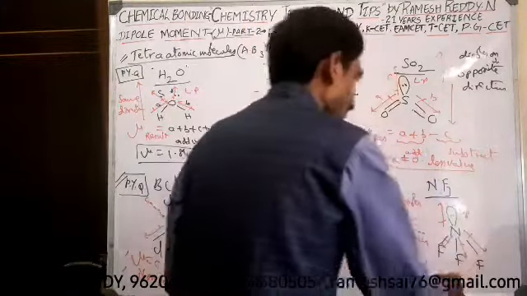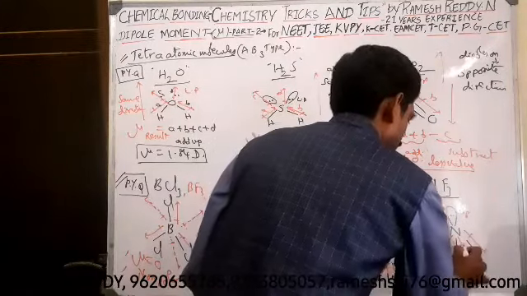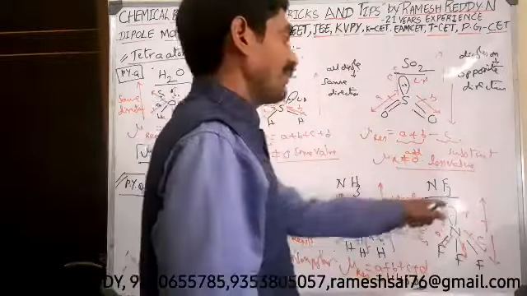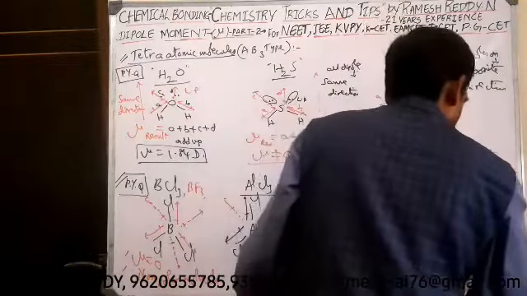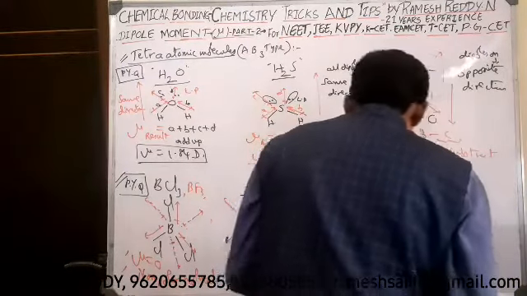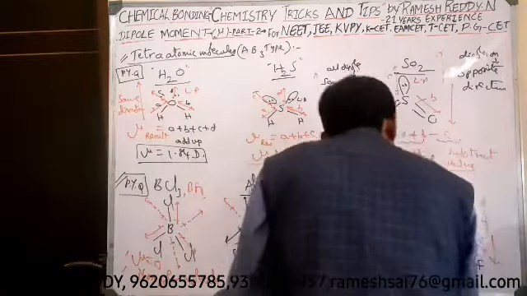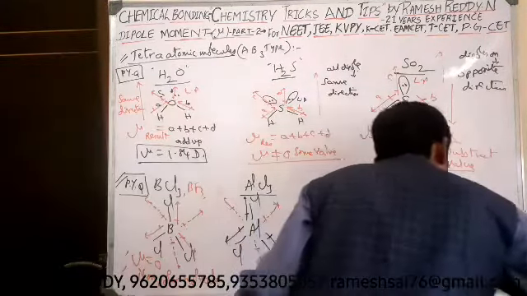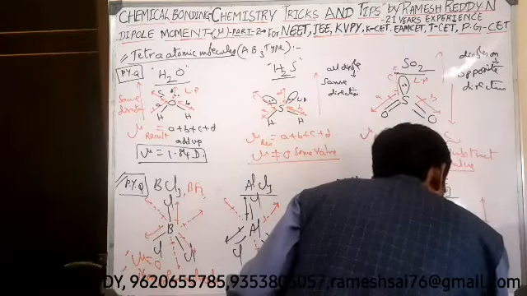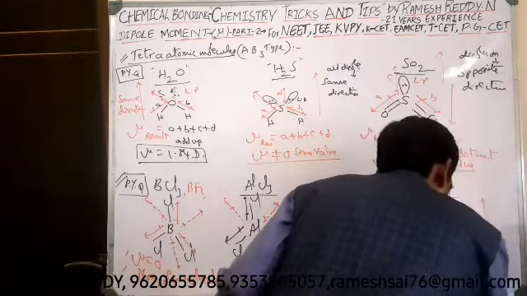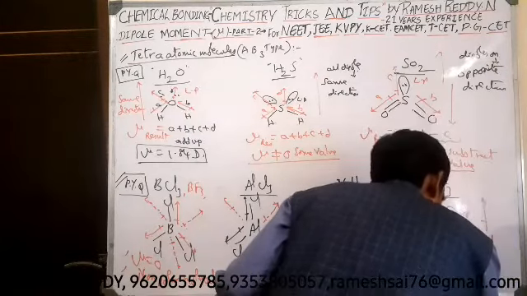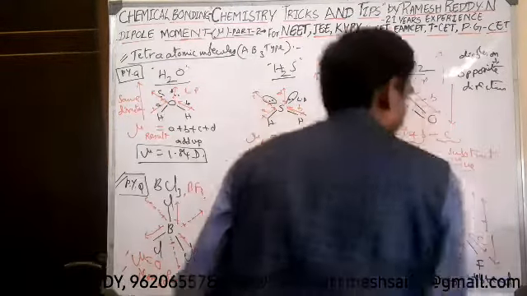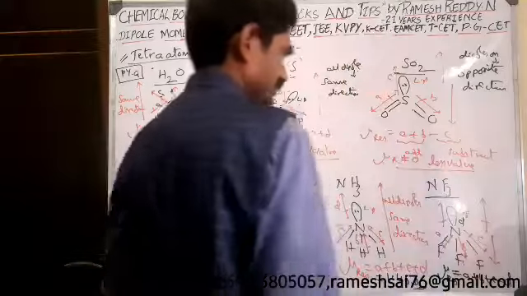So these three, A plus B plus C, are in one direction. But the dipole moment due to the lone pair of electrons is in the opposite direction. You will get the resultant dipole moment by adding these three, that is A plus B plus C minus D. You have to subtract D. Right?